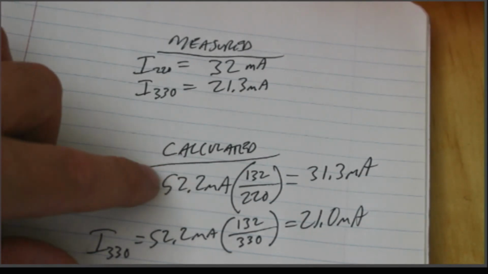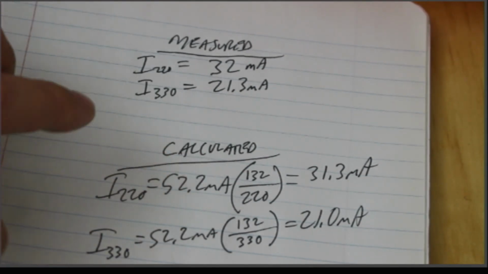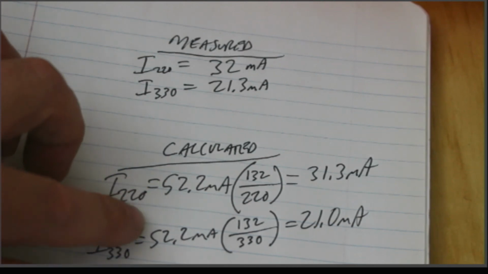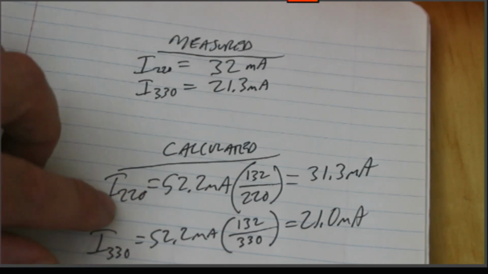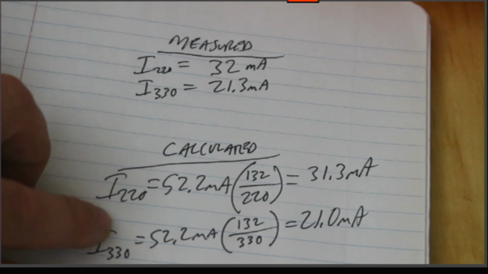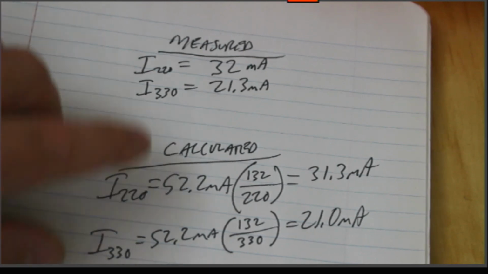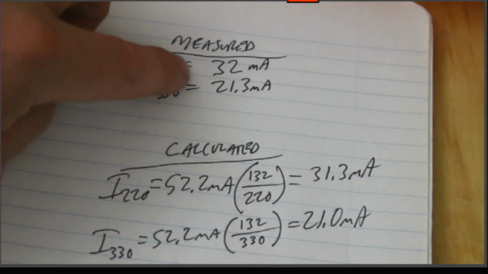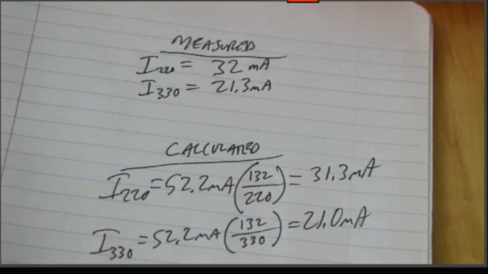That's what I actually measured. I think it's closer to like 53. But anyway, I should expect from the 220, 31.3 milliamps, and from the 330, 21 milliamps. And here's what we actually got. So that matches up pretty well if you take into account the actual voltage of the battery during this simulation here.